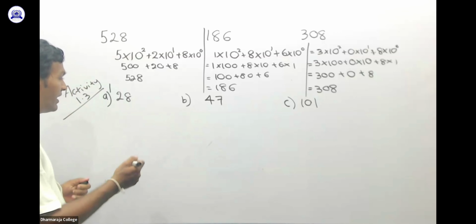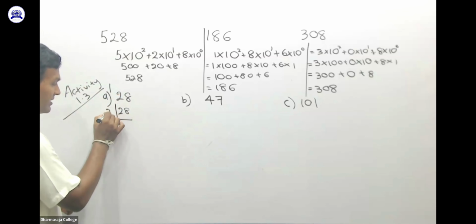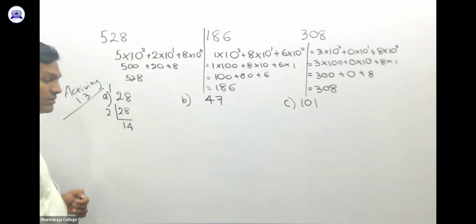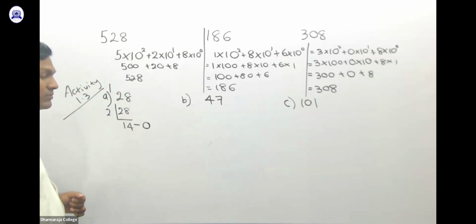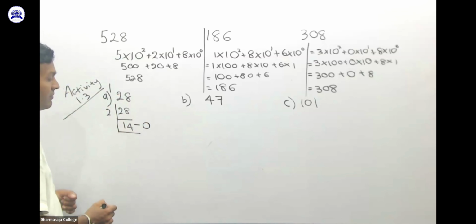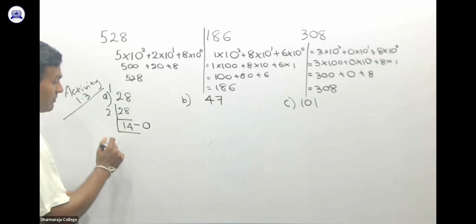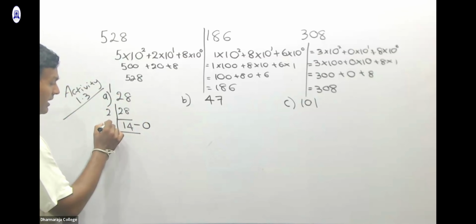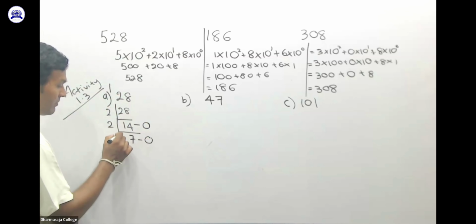When you take it now, we divide 28 by 2. It's 14, remaining 0. Right? Then we take this one. 7, remain 0.